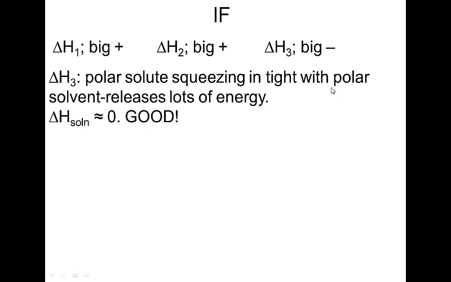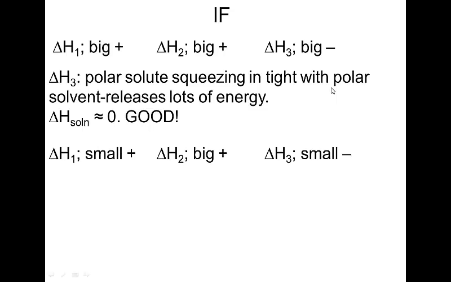Polar and a polar. Highly exothermic, the interaction between the polar solute and the polar solvent. Highly exothermic. The sum of H1, H2, and H3 will be approximately 0 because you've got two big endos and one huge exo coming together to form almost 0 sum. If you have a small endothermic for your solute, but a big for your solvent, still using water, it's not going to be a tight fit.